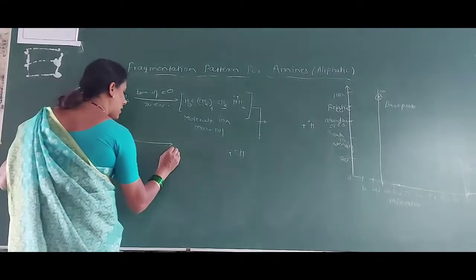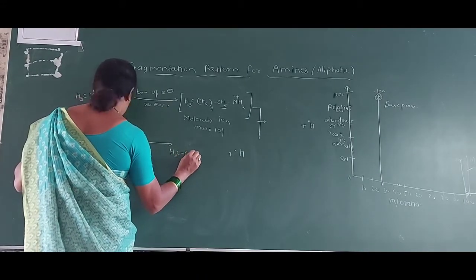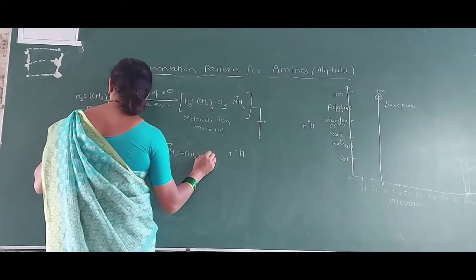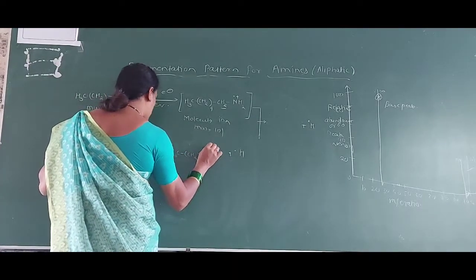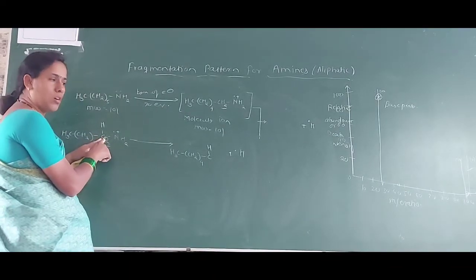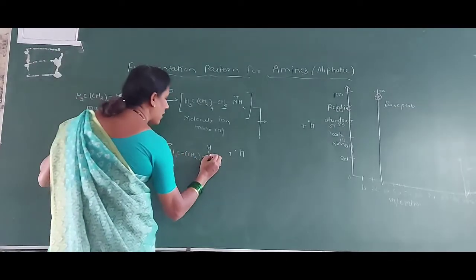What is the remaining one here? That is CH3, CH2, and so on, up to CH. One of the electrons goes from the hydrogen side. One electron remains on the carbon. So you can draw here one electron and here NH2.